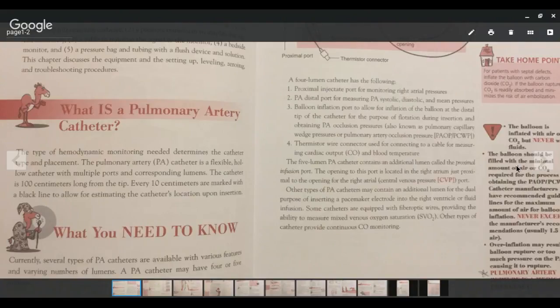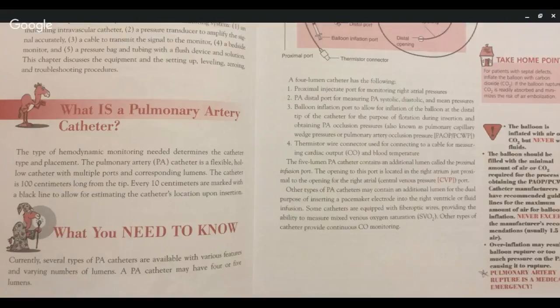The balloon is inflated with air or carbon dioxide, but never with fluids. The balloon should be filled with the minimal amount of air or carbon dioxide required for obtaining the pulmonary artery occlusion pressure or the pulmonary capillary wedge pressure.